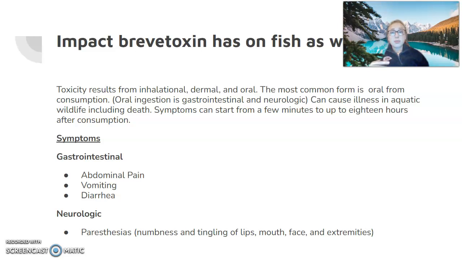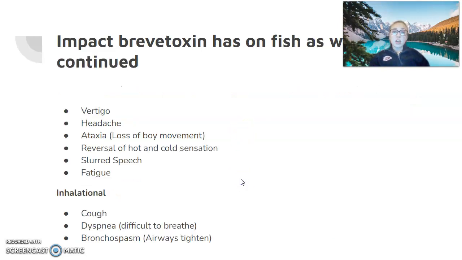So some symptoms that we may experience from the gastrointestinal side are abdominal pain, vomiting, and diarrhea. Neurologic is paresthesias, which is numbness and tingling of lips, mouth, face, and extremities.